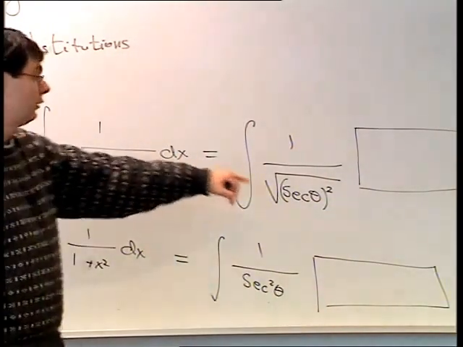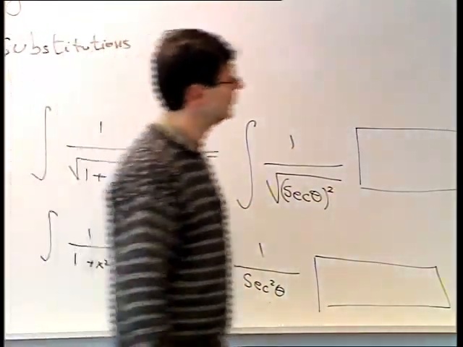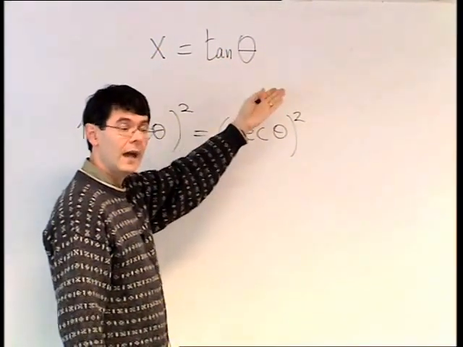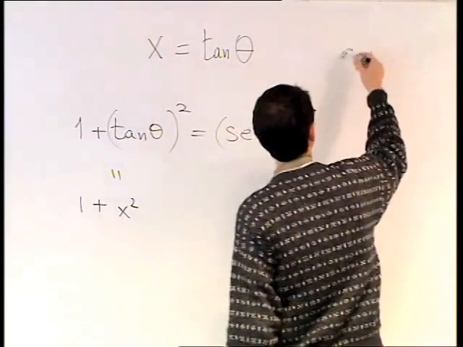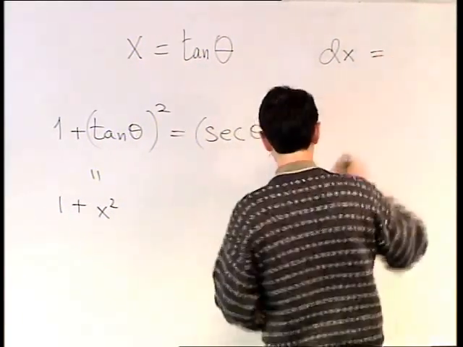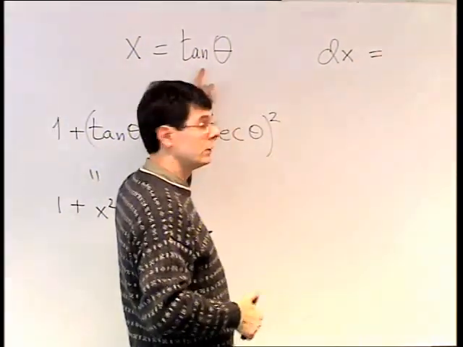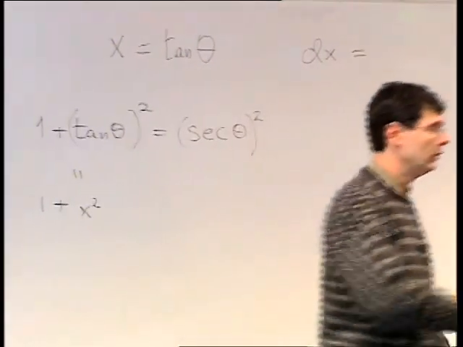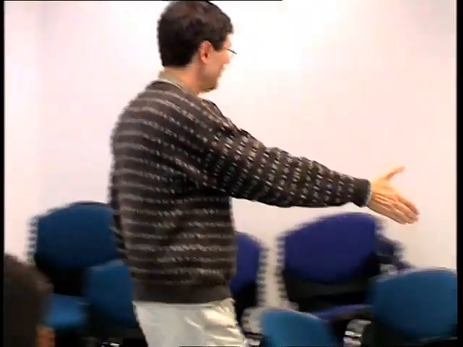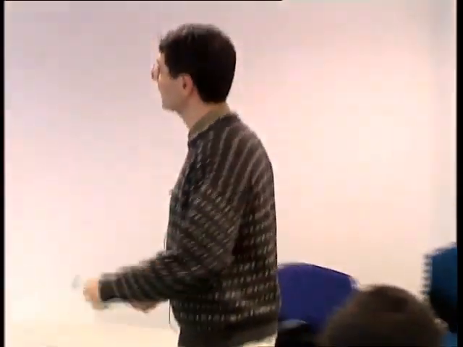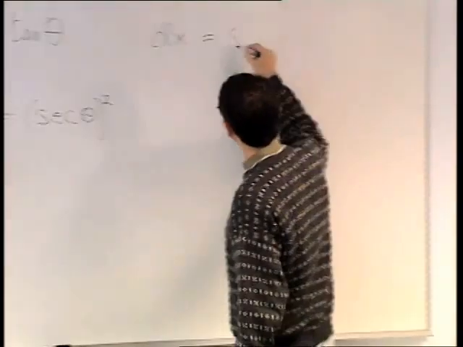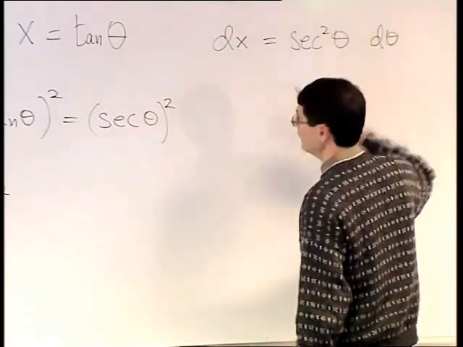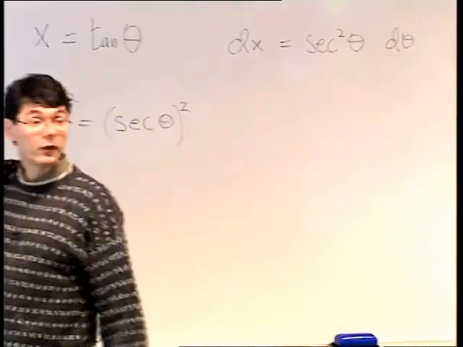And the dx will turn into something else. If x is tangent of theta, what's dx? Well, what's the derivative of tangent? Thank you. Secant squared. Don't shake my hand because I'm a bit sick. But secant squared. Good. And that's what goes in the box.